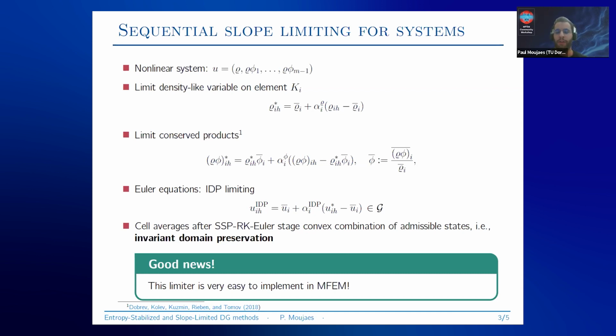With linear polynomials, we can split the local approximation into a cell average and some gradient type of term, which we then limit by this alpha, which we can see here, and we'll choose alpha such that local discrete maximum principles are satisfied at each node of the element.